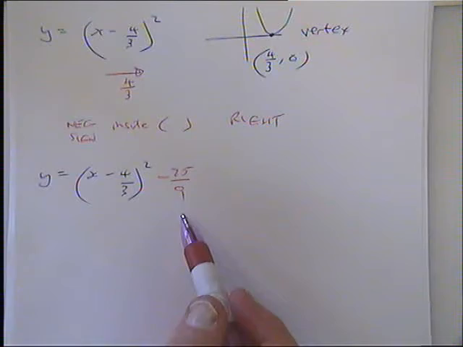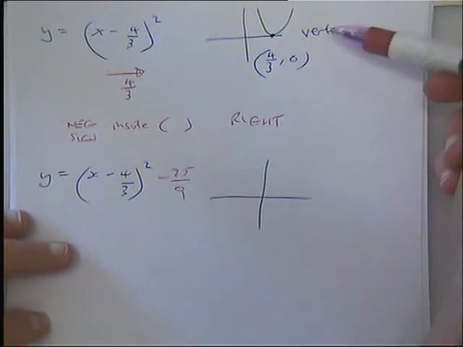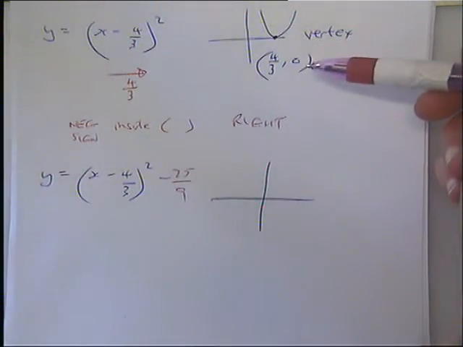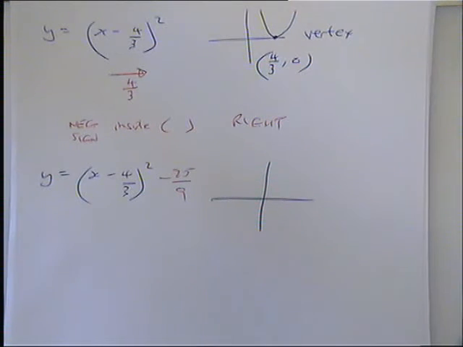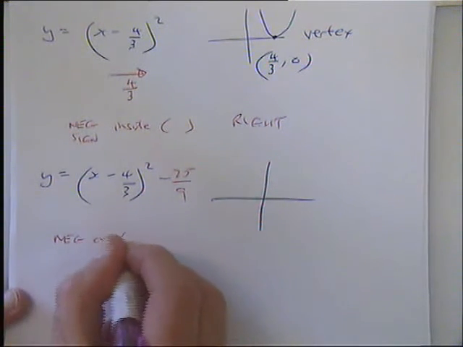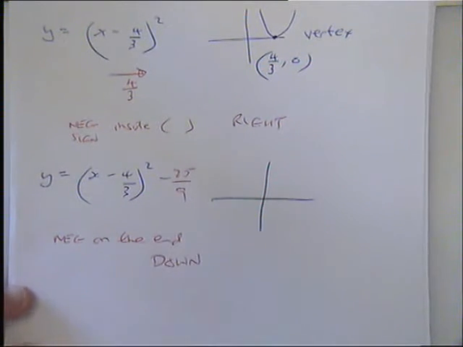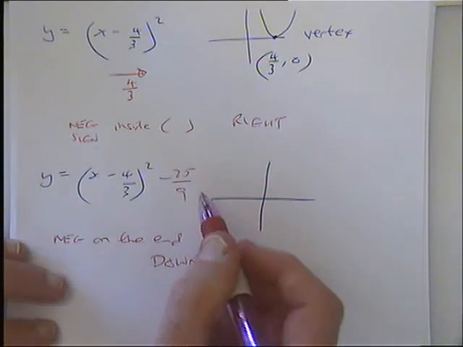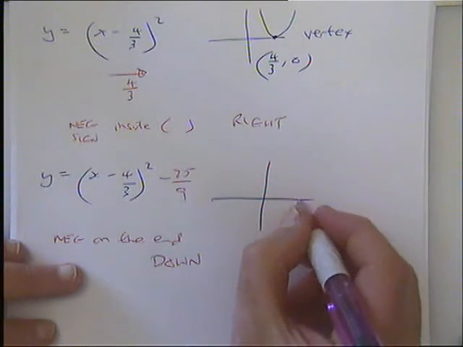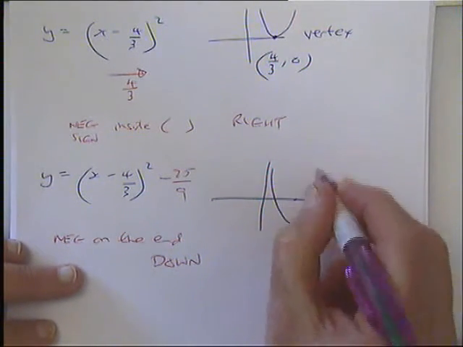So this minus 25/9, what is that going to do to the drawing we have here? Move it downwards, correct, yeah. So if you've got a negative on the end, that moves it downwards. It's going to move it down 25/9. So this 4/3 to the right is going to be important, but it's going to go down.